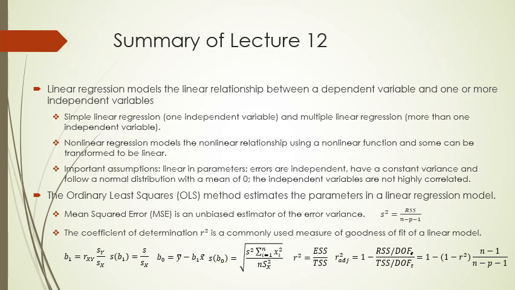We may estimate the parameters in a linear regression model using the ordinary least squares method. The error variance in the model may be estimated by the mean squared error, and the goodness of fit of a linear regression model is commonly measured by the coefficient of determination R squared.